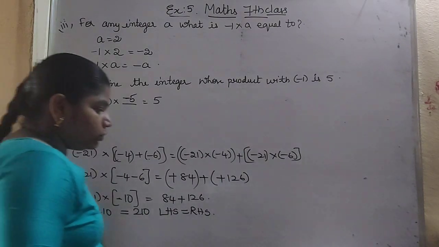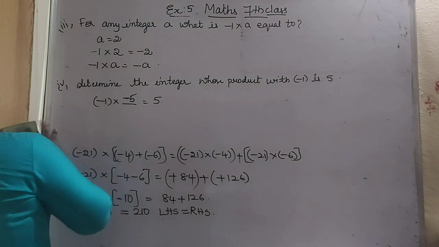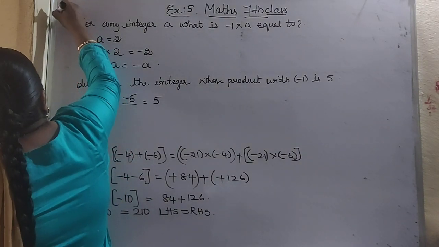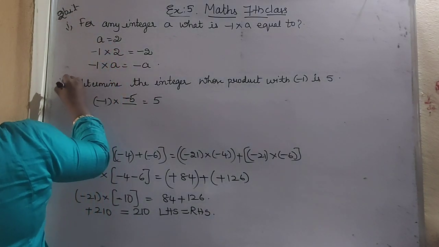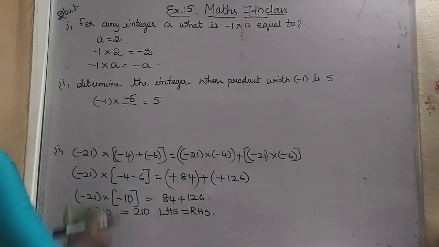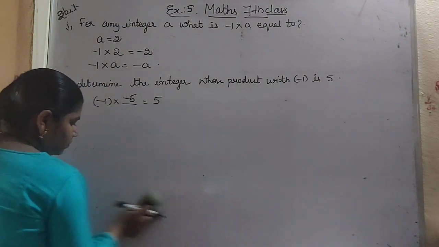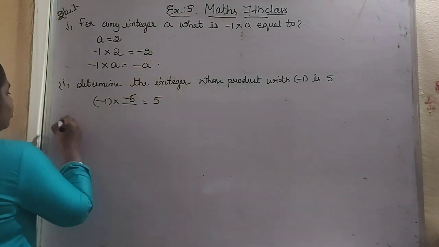Okay, so this is our fourth one. Next is the second bit. Sorry, this is the second bit. In the second bit, this is the first one and this is the second one. Now we are starting the third bit. Next is the third bit: find the product by using suitable properties.